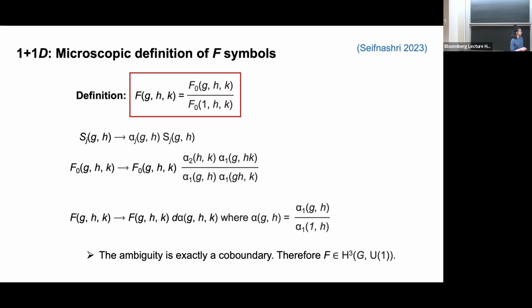And the idea is that whereas F naught transforms by more than a coboundary when the splitting operators are redefined by multiplying by phases, this true F symbol, which is the ratio of two F naught symbols, changes by a coboundary. In particular, it's the coboundary of this function alpha, which is itself a ratio of two alpha 1 phases.